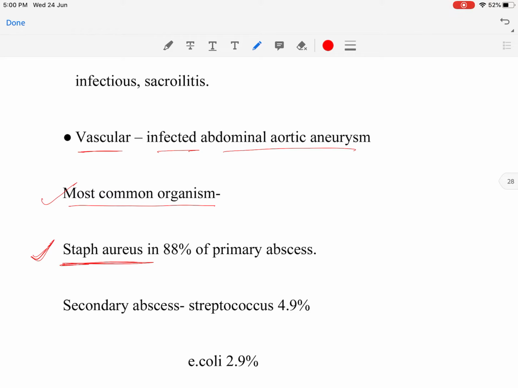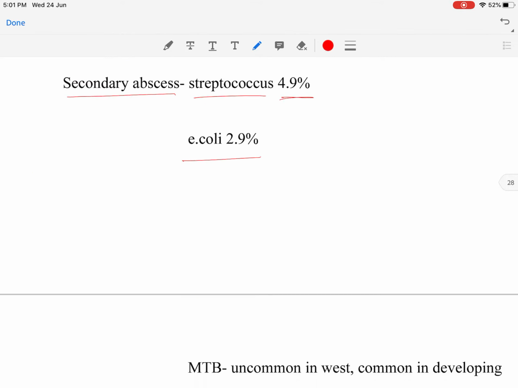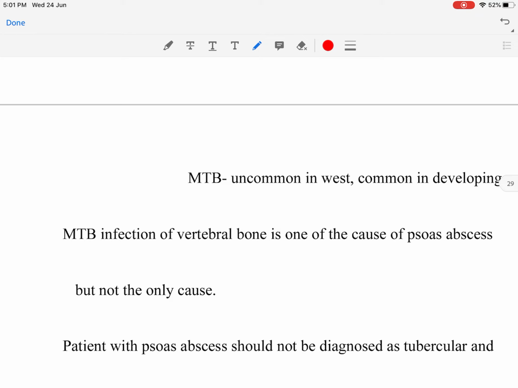Most commonly it is Staph aureus in 88% of the primary abscesses, and in secondary abscesses it is Streptococcus, E. coli, and Mycobacterium bacilli. So tuberculous bacilli is a common cause of the psoas abscess in developing countries, and it is uncommon in the West, but it should be noted it is not the only cause.